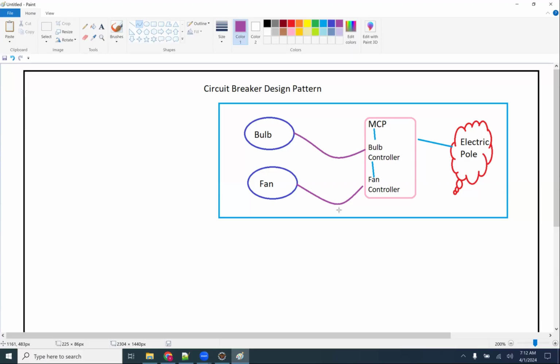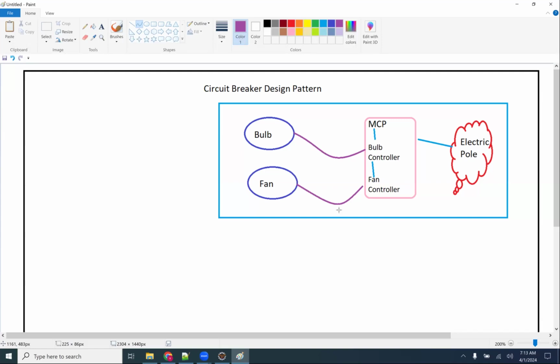Now, whenever there is a continuous flow, I have electricity 24/7. There is no problem. Understand? If I have electricity 24/7, I don't have any problem. My bulb will glow, my fan will rotate. Right? Yes or no, guys? Same situation.